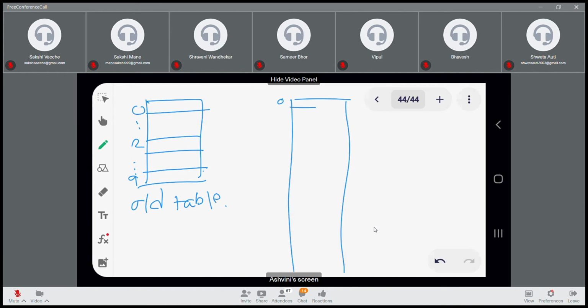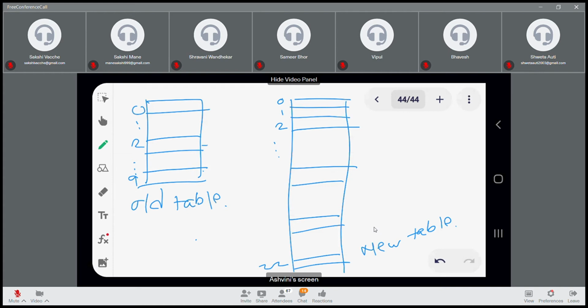So this is 0, this is 1, this is 2, and suppose the last is 22. This is the new table. And you can transfer the content of this old table to the new table accordingly. Suppose this is field 2.